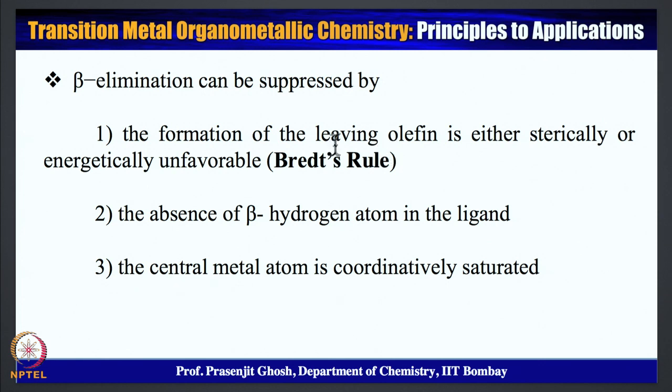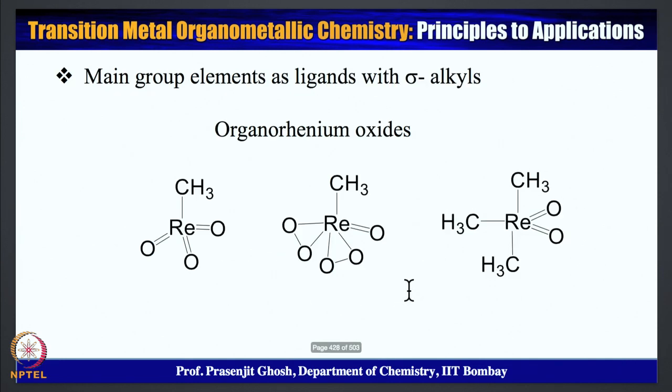For example, formation of an olefin that is either sterically or energetically unfavorable, which is Bredt's rule, then absence of beta hydrogen, or the central atom being coordinatively saturated. If all of these are put in place, then one can well stabilize transition metal complexes. We had seen that with examples.